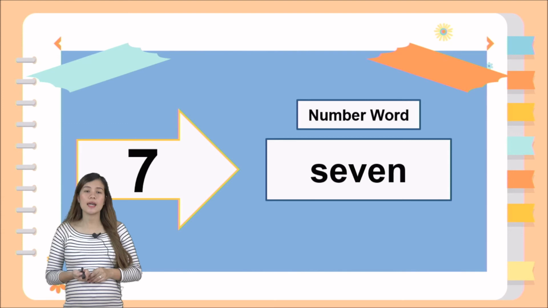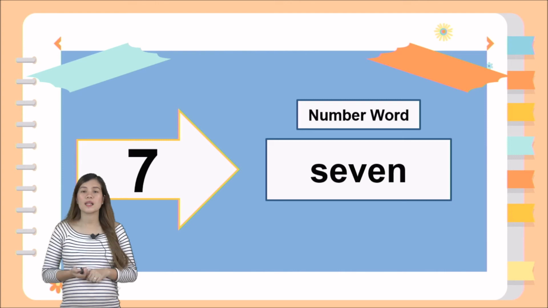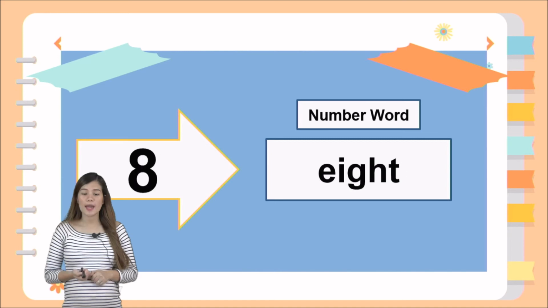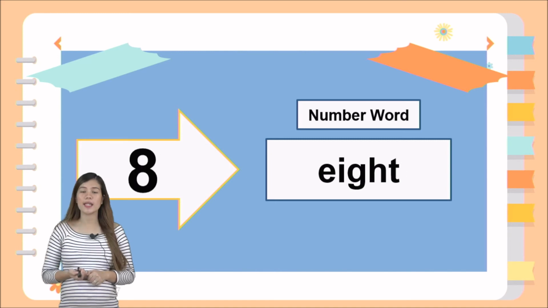It's 5 letters. Next, number 8, and the number word is E-I-G-H-T. After number 8, we have number 9.